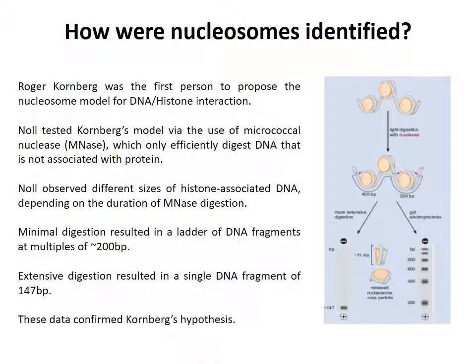So what this told him was that there is a region of DNA around 147 nucleotides long that is tightly associated with the nucleosomes and therefore permanently non-degradable by MNase digestion. And that represents the 1.65 rotations round the histone octamer that we know DNA makes when it forms these nucleosome structures. So together these experiments confirmed Kornberg's hypothesis.